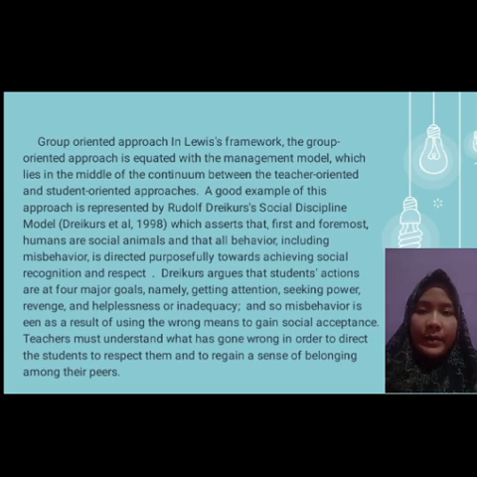And so misbehavior is a result of using the wrong means to gain social acceptance. Teachers must understand what has gone wrong in order to direct the student to respect them and to regain a sense of belonging among their peers.